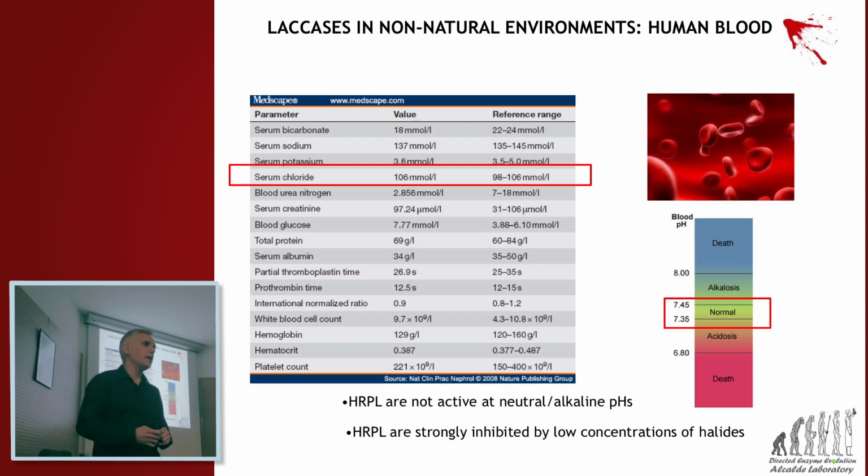First, because unless you are dead, the human blood pH is around 7.4, where high redox potential laccases are fully inactivated. And second, because the human blood composition contains a strong concentration of sodium chloride, around 100-140 millimolar, and high redox potential laccases are strongly inhibited by modest concentrations of halides.